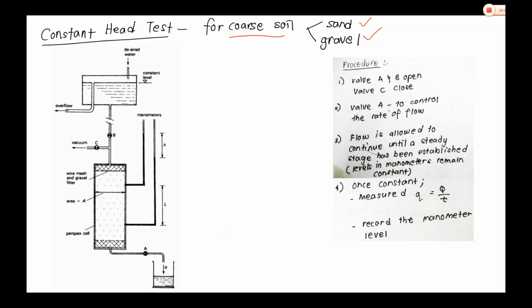Okay, kita tengok prosedur dia sikit. Okay, the valve A and B are open. So we have valve A dekat sini and valve B here. Valve C, kita nak keluarkan bubble. Before we start, kalau ada bubble kita buka dulu valve C. Okay, dah clear the bubble, then you close the valve C. Alright, okay, then once we want to start, the air water ni normally kita sambung dengan tap water, air pipe lah ya.